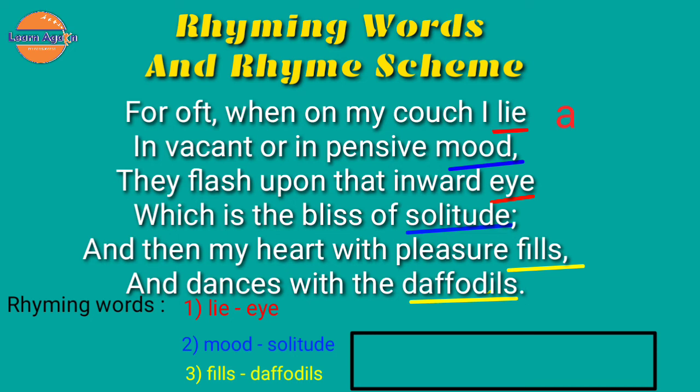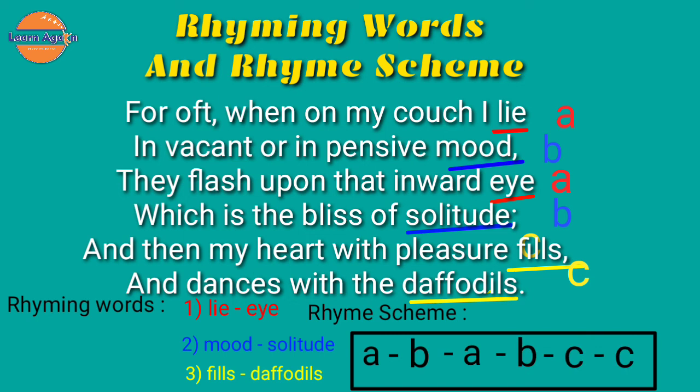The last word of the second line, mood, doesn't rhyme with the last word of the first line, so we will mark with B. The last word of the third line, I, rhymes with the last word of the first line, lie, hence we will use A. Solitude rhymes with mood, therefore we will use B. Fills and daffodils are the rhyming words, so we will use the same letter C. Now the rhyming scheme of this stanza is AB, AB, CC.